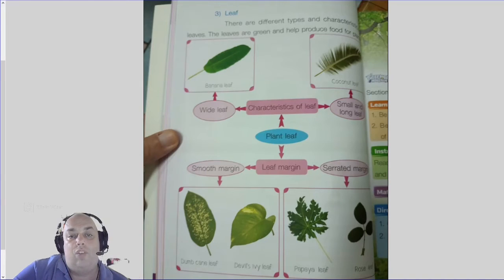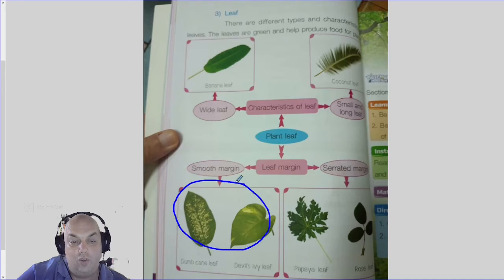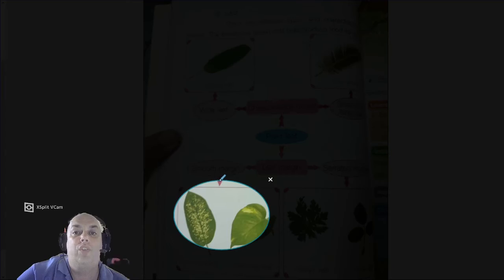Now plants don't only have different sizes of leaves, but also different shapes. As you can see, these two leaves over here are smooth. You can see the edges of the leaves are smooth. Same with this one. They are smooth edges.